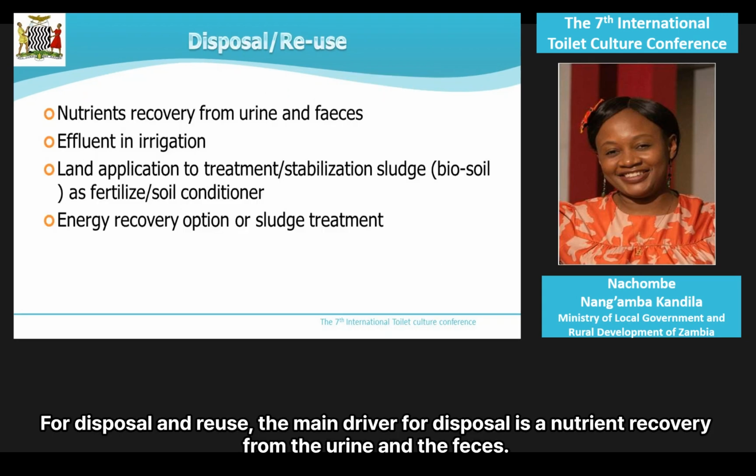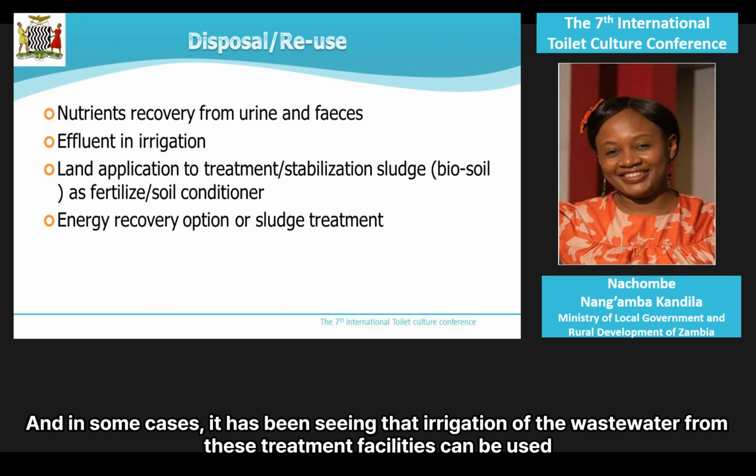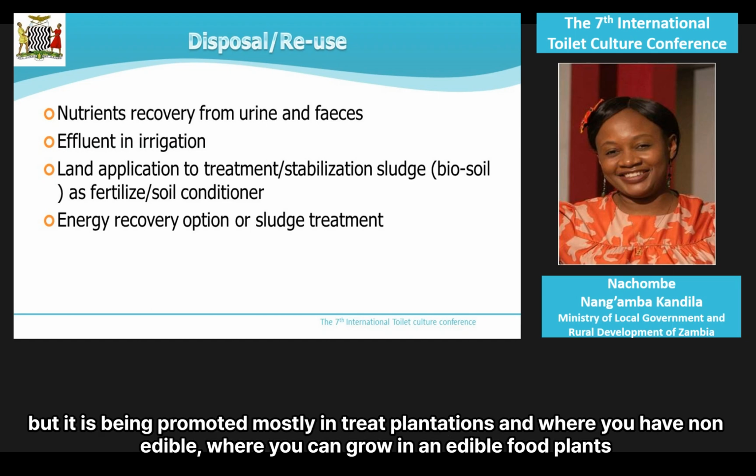For disposal and reuse, the main driver is nutrient recovery from the urine and the feces. In some cases, it has been seen that wastewater from these treatment facilities can be used for irrigation, but it is being promoted mostly in tree plantations, where you can grow non-edible plants.